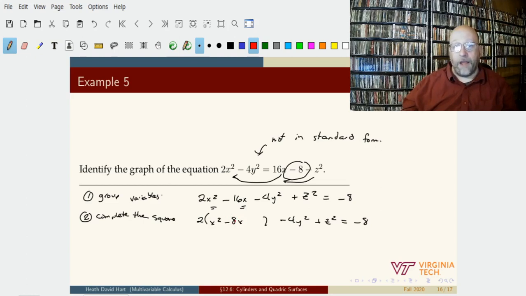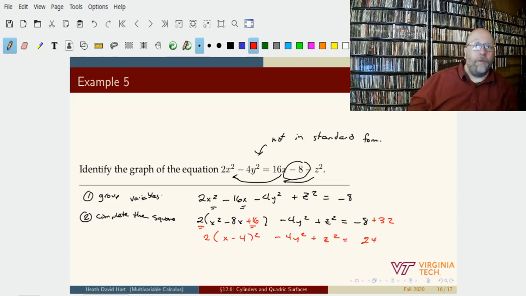That gives me a negative 4. Negative 4 squared is plus 16. But this is really 2 times 16, and so we have to add 32 to this side because it's 2 copies of 16. And so that gives me 2 times x minus 4 squared minus 4y squared plus z squared is equal to positive 24.